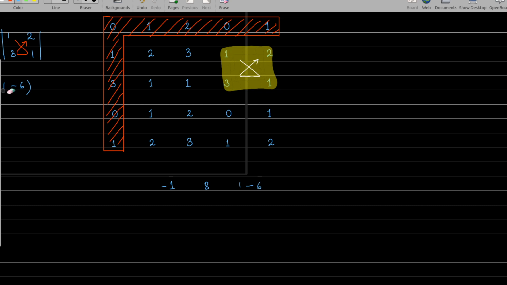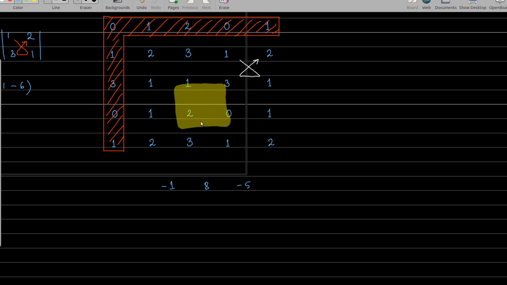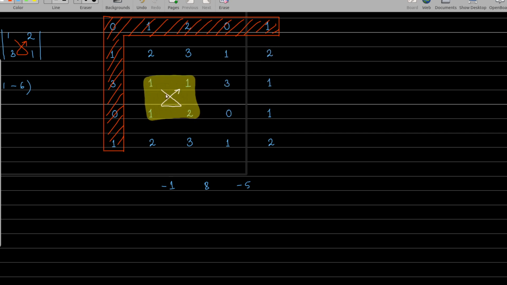So 1 minus 6 is going to give us minus 5. Do the same thing for this submatrix. Same rule: 1 times 2 is 2 minus 1 times 1 is 1. So 2 minus 1 is going to give us 1.